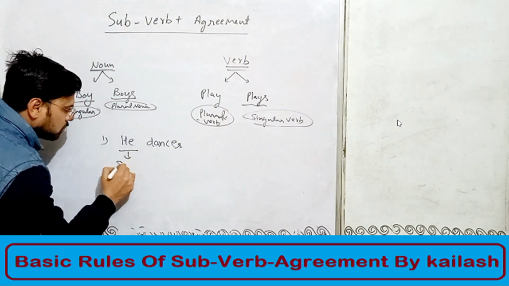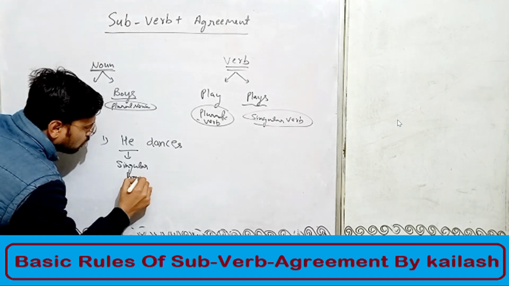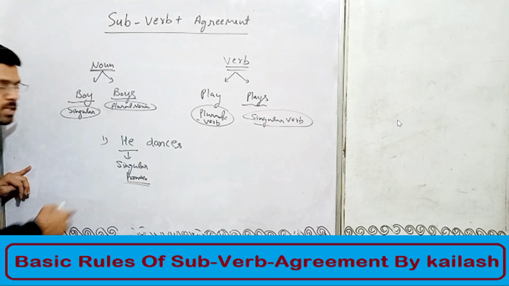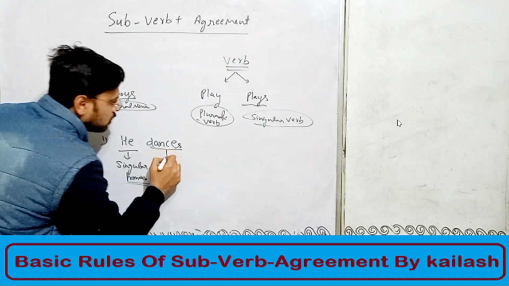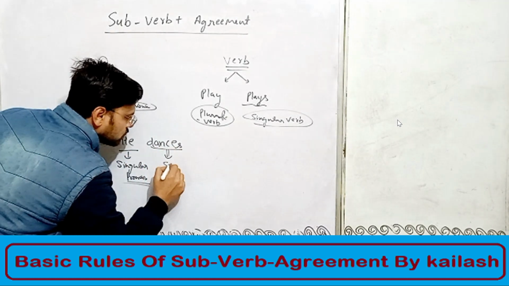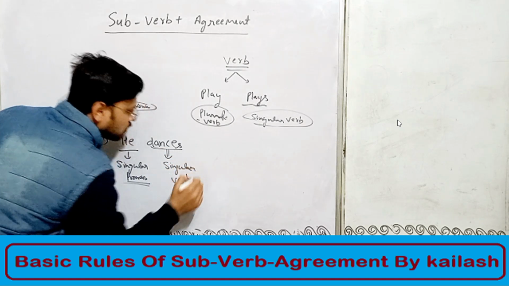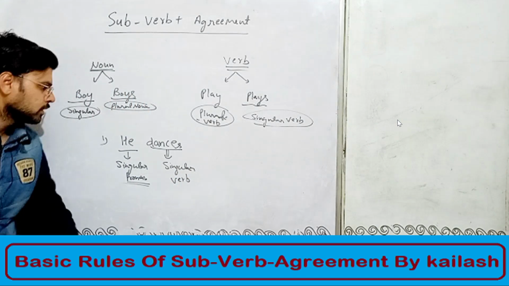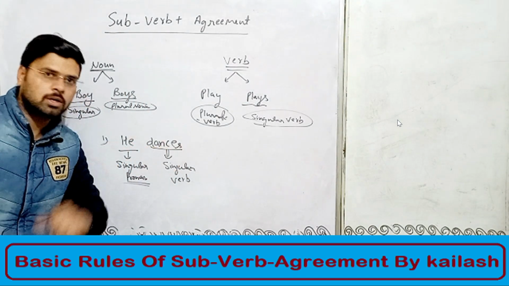He is a singular pronoun, or you can say a singular subject. And this is a singular verb. Got it? So it is a singular subject, so it would take a singular verb.